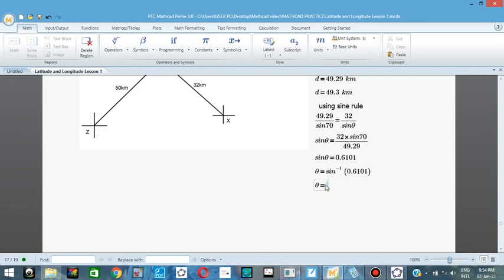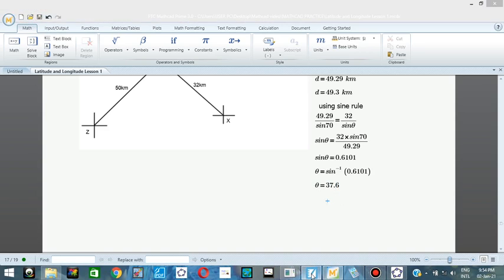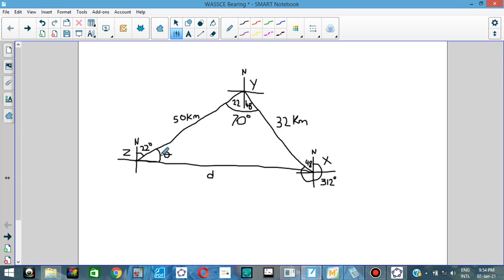So it's giving us 37.6. So that is this angle here. Now that this angle is 37.6, let me add it to 22. If my answer is less than 90, that means x is supposed to be somewhere here. This bearing from x to z is supposed to go straight like this to somewhere here, not downward like this.